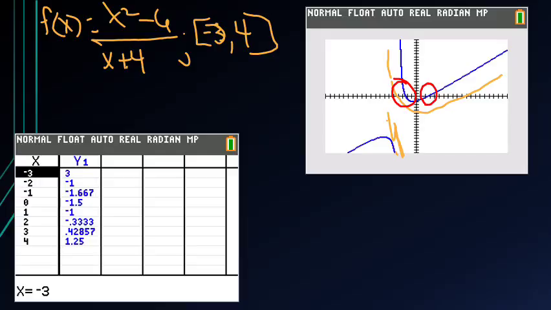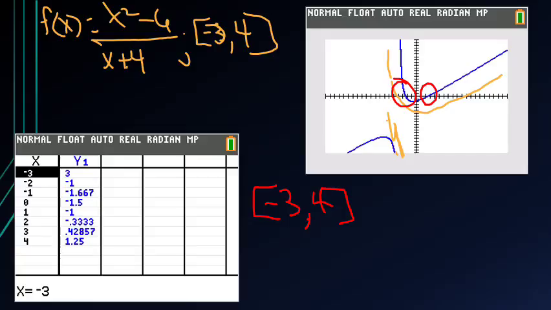But I've been asked, in this interval, -3 to 4, where do I see that cross? I can go over here to my table, and what I'm looking for is between which values of x I see the signs change for the y values, or the f of x values.